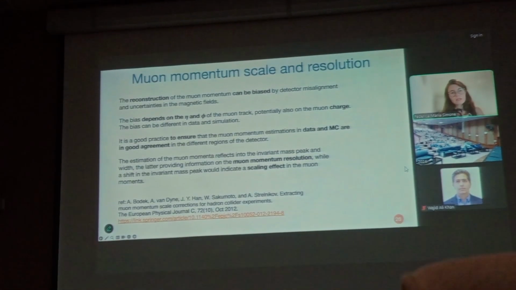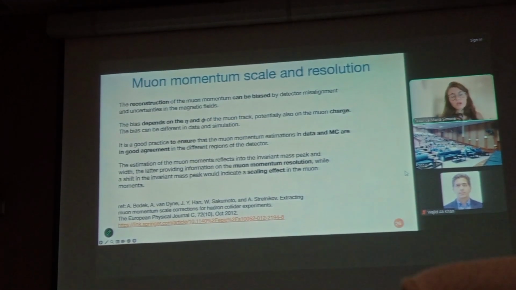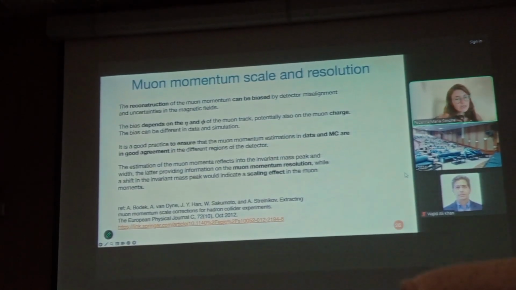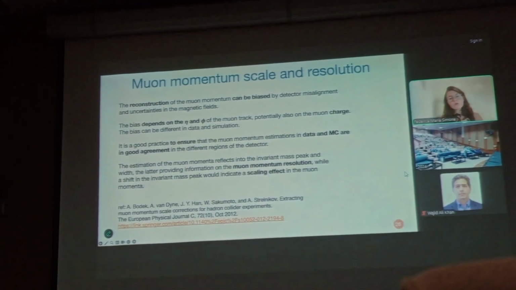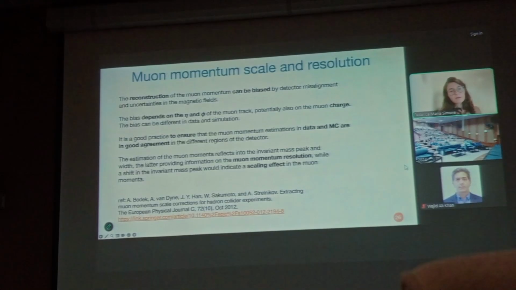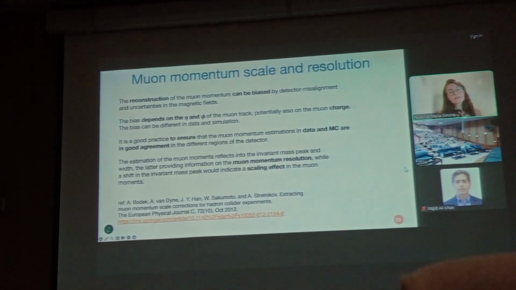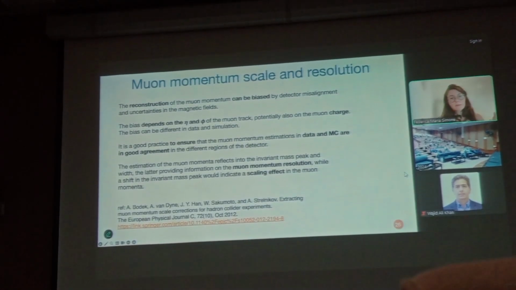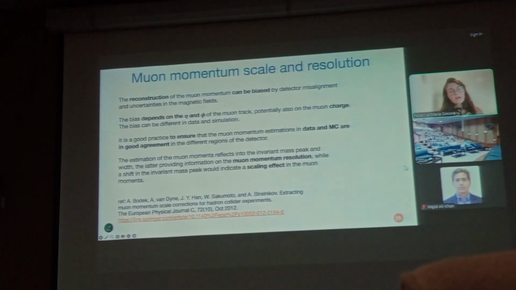Okay, so it's not only important to have a good knowledge of the muon PT for its own sake, it's crucial, because this will affect how wide your mass peak is in your final analysis.